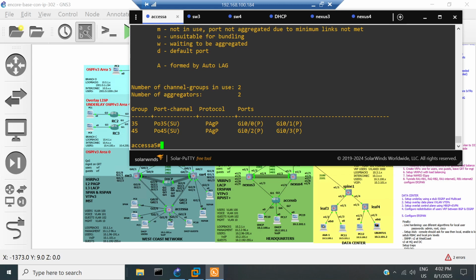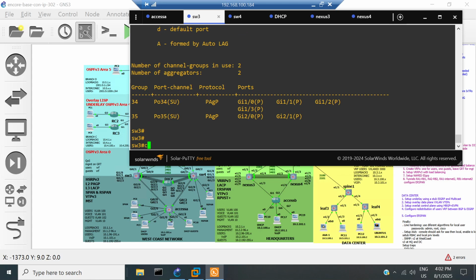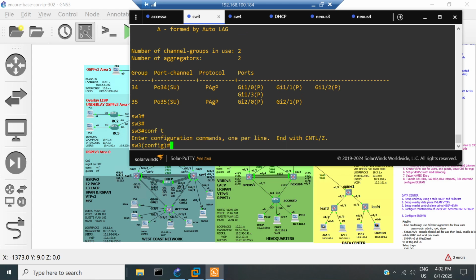Layer 2 participating. Now I'm going to create layer 3 EtherChannels from switch 3 to the DHCP server. So let's create them. In this case, given I am going to create a layer 3 EtherChannel, I have to create the port channel first. So let's create the port channel.